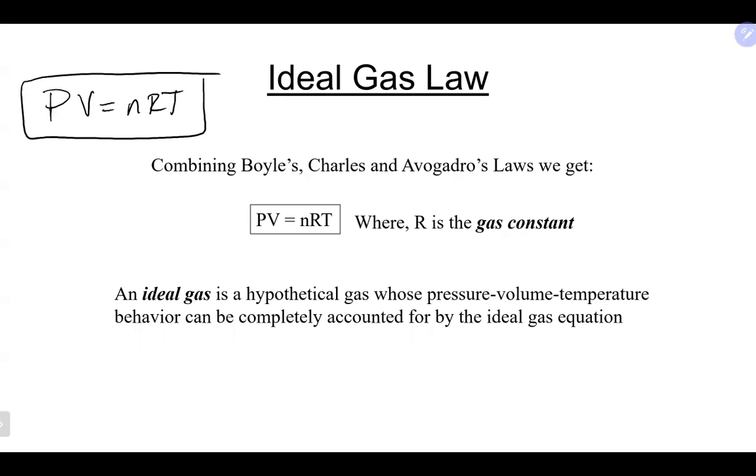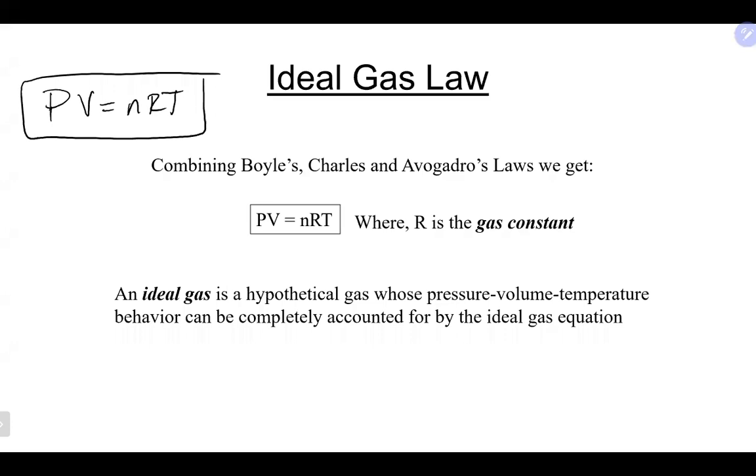Some of the ones we've seen before deal with a before and after situation. You have two pressures, two volumes, two temperatures. Here with the ideal gas law, it is basically just one set of conditions. You've got one pressure, one temperature, and so forth. So it's not a before and after situation.